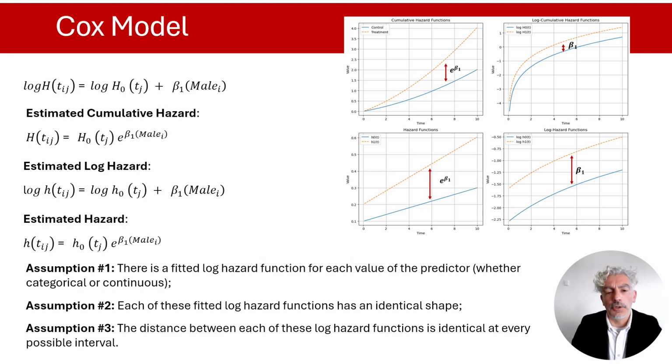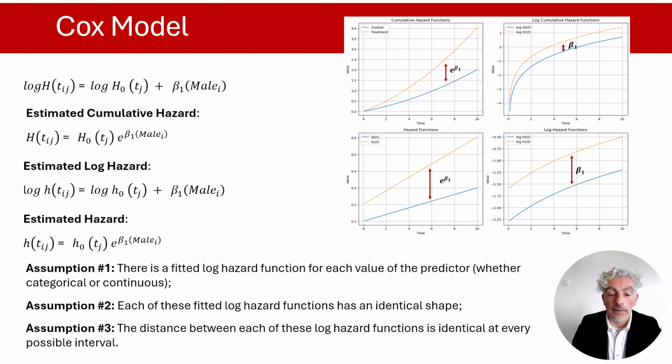And here, again, to drive home this point, the different equations represent the Cox model estimated originally, so the model estimated based on the log of the cumulative hazard function, the capital H function represented on the first line.